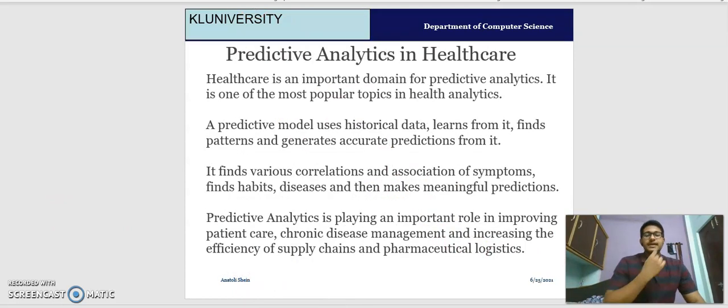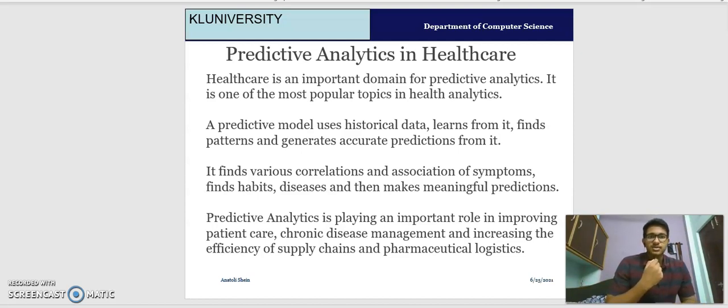Predictive analysis in healthcare. As we all know, healthcare is an important domain for predictive analysis. It is one of the most popular in analytics. A predictive model uses historical data, learns from it, finds patterns, and generates accurate predictions from it. Means what it is doing: we have previous health issue cases, all that historical data.